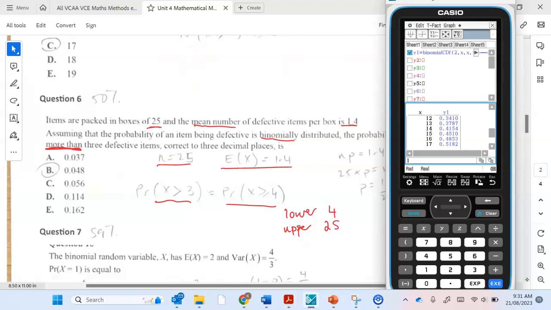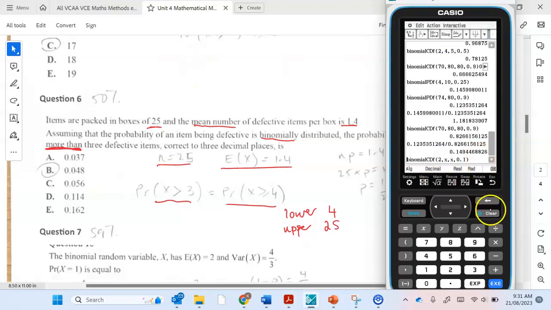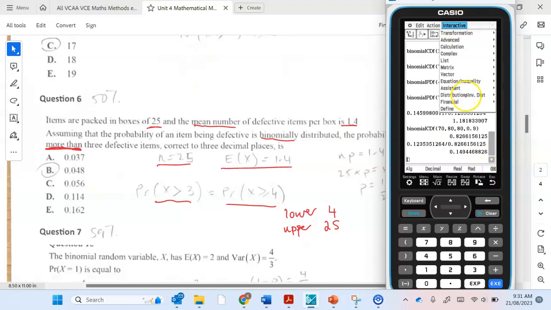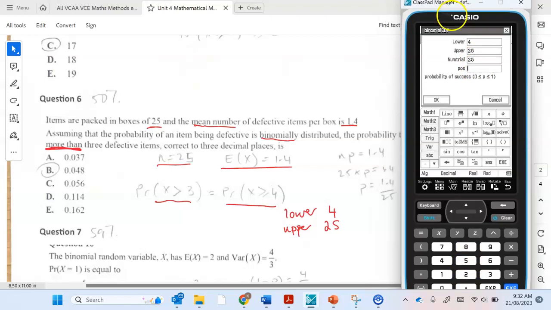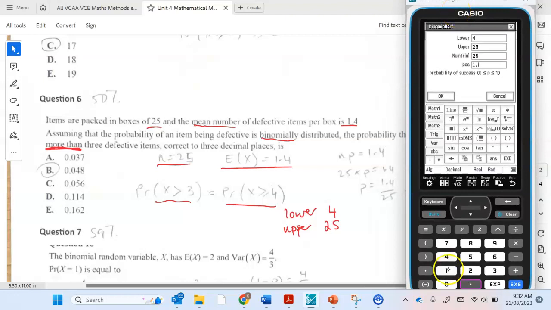Just going back to our main screen. So our lower limit is 4, upper limit is 25, number of trials is 25. Oh my gosh, it's working. Don't jinx it. And I just need to move over to see that. So 1.4 over 20, or you could write the decimal.